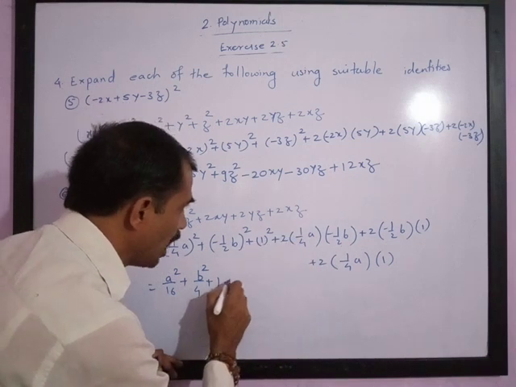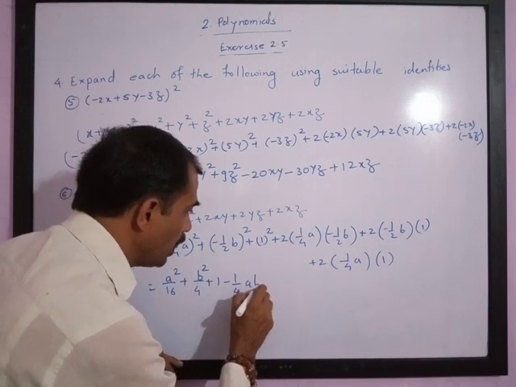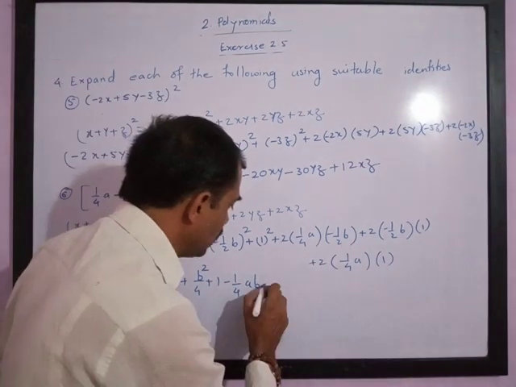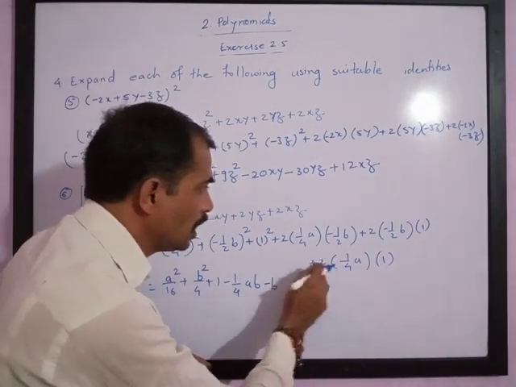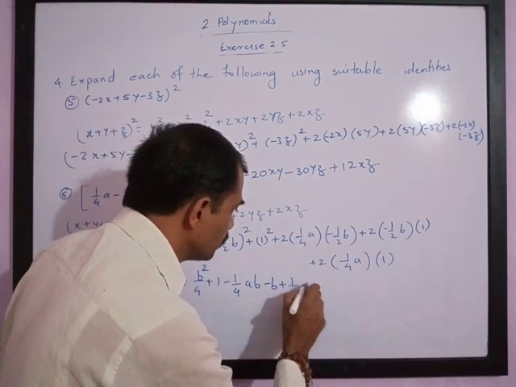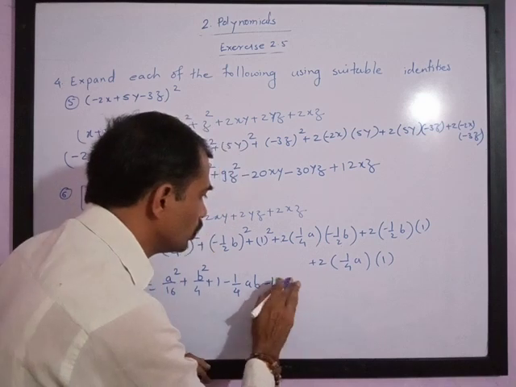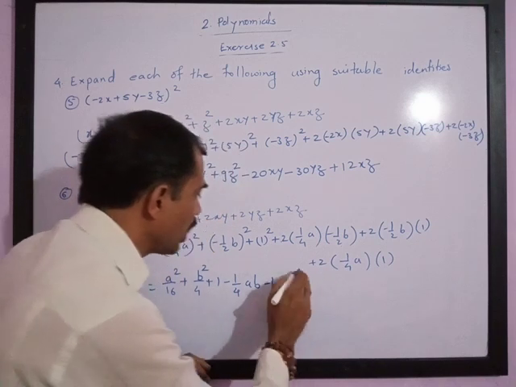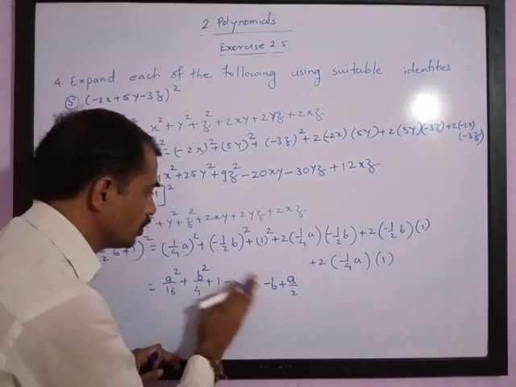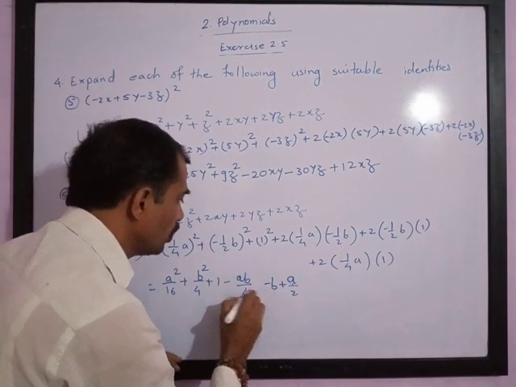It will be minus 1/(4ab). This 2 cancels with these 2, so you will have minus 1/b, and this 2 will again reduce with this. You will get 1/(2a). You can write 1/(2a) or a/2. This also can be written as ab/4. So it will be easy for you. Right.